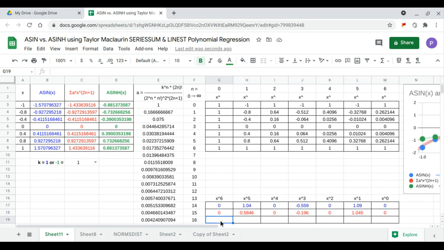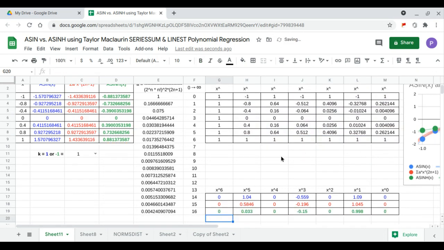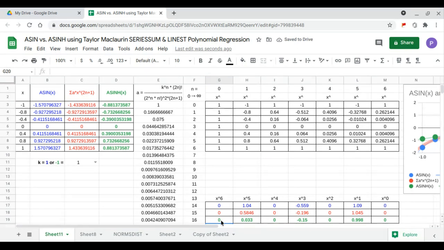And finally, LINEST data y and data x. These are the polynomial regression coefficients of the inverse hyperbolic sine.